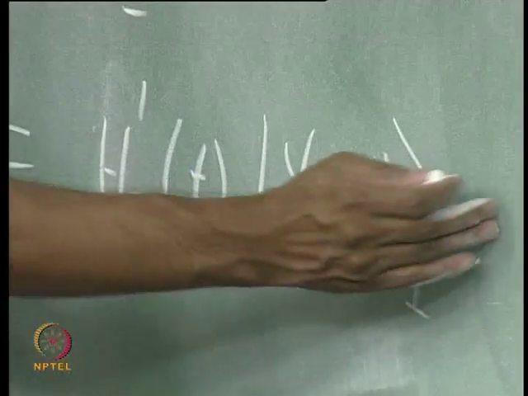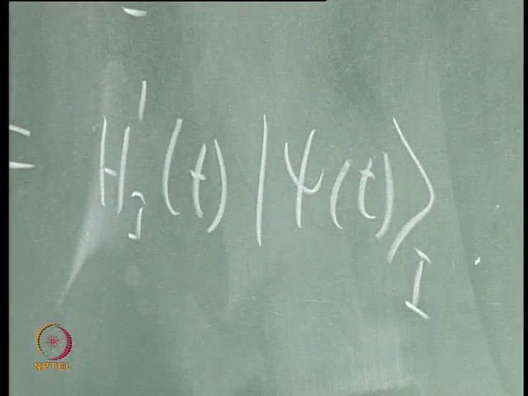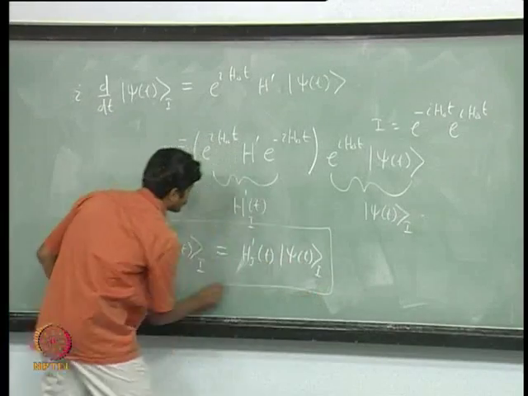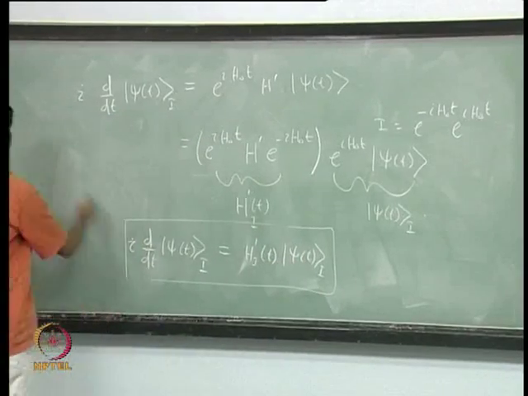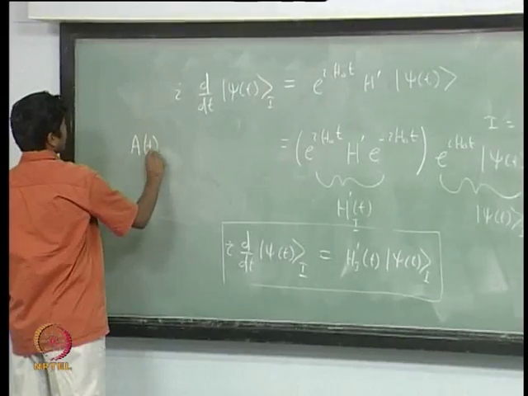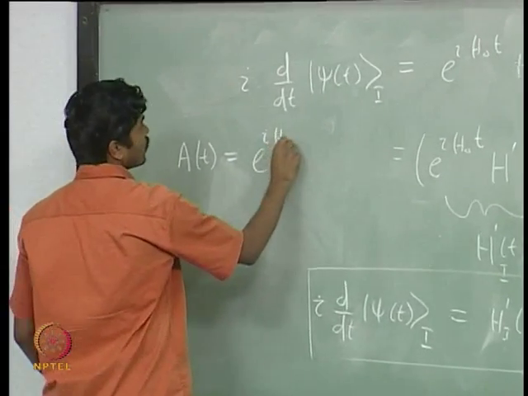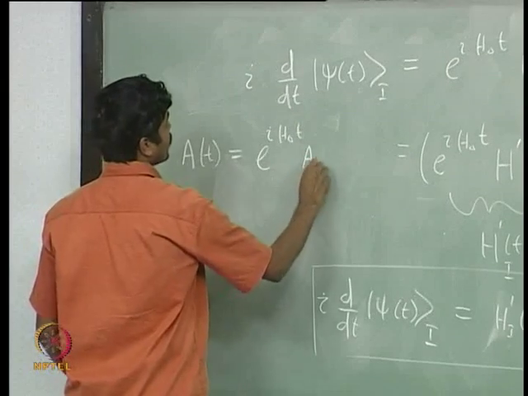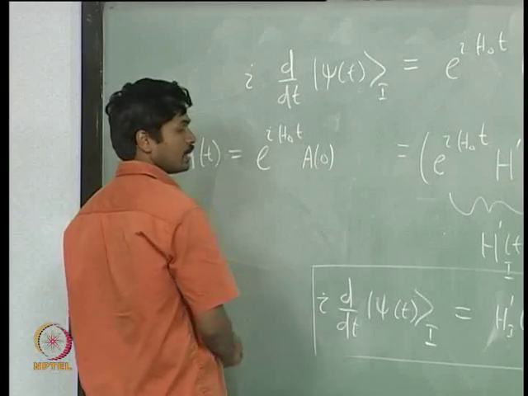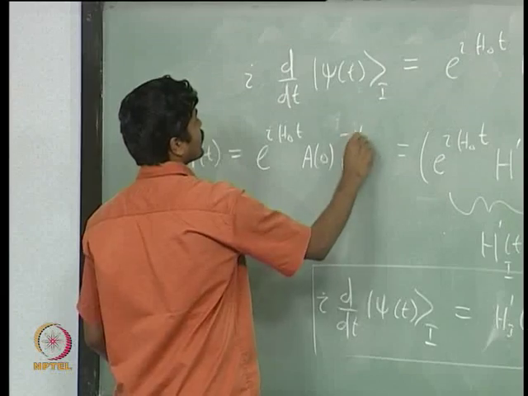So, the evolution of state vectors is given by this equation, whereas the time evolution of operators is given by e to the power i H0 t A in the Schrodinger picture, which I will call A0, e to the power minus i H0 t.